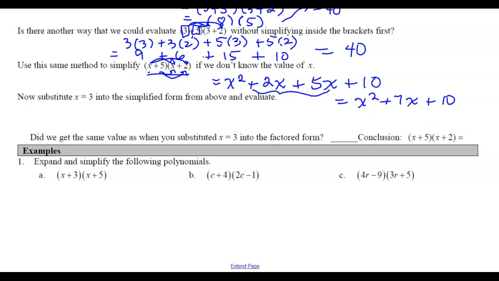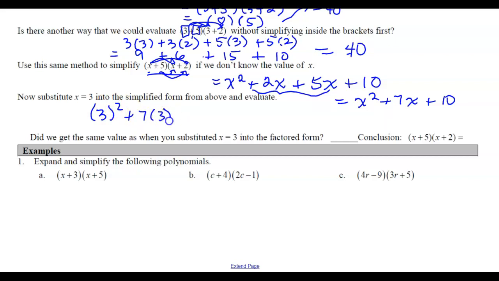So that is basically your new lesson today, although some of you may have done it before, but that's part of 10C. How can we check? Let's substitute 3 in. We know if we put it in above, we got 40. Let's just see if we get 40 in this case. So 3 squared plus 7 times 3 plus 10.